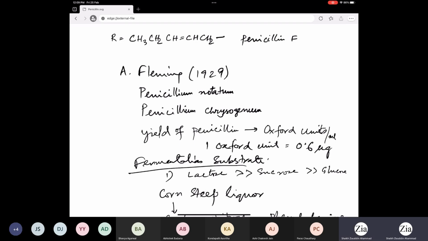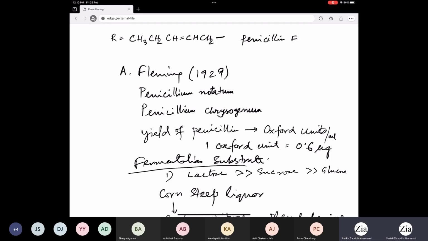Now, in the fermentation process, we have also mentioned lactose is the preferred substrate, showing maximum preference. Penicillium chrysogenum will prefer lactose over sucrose over glucose.